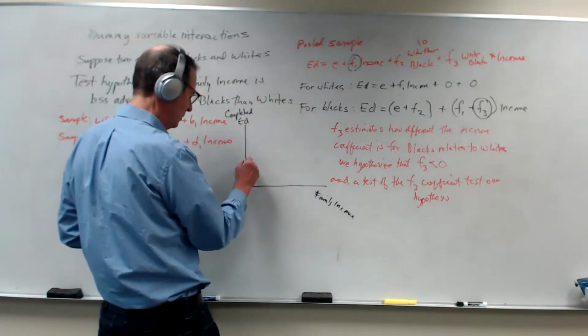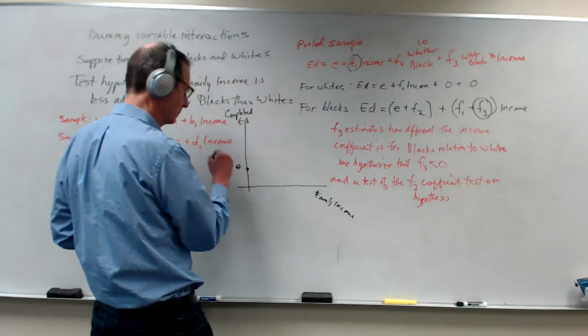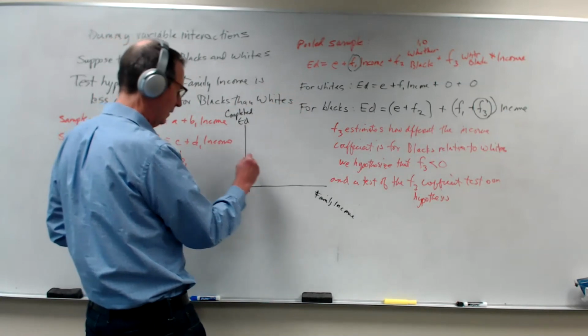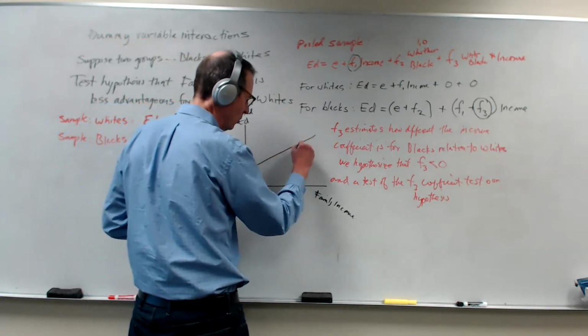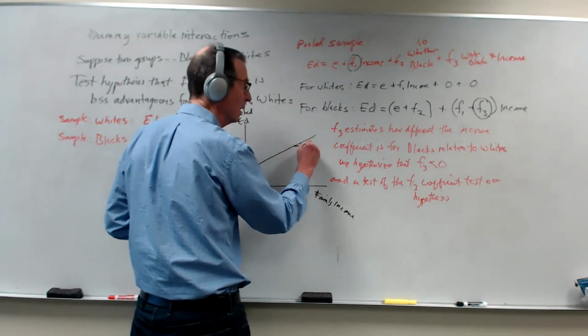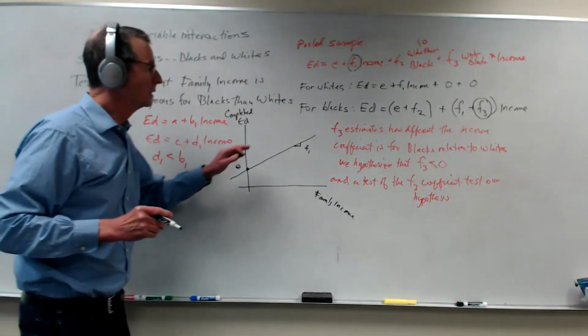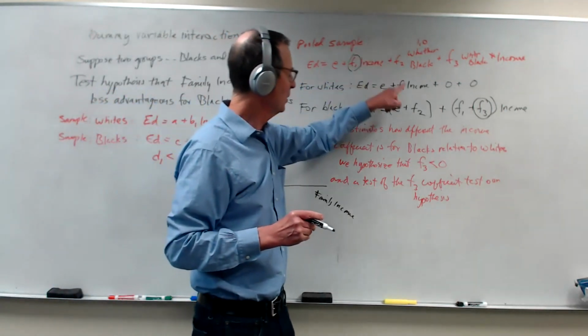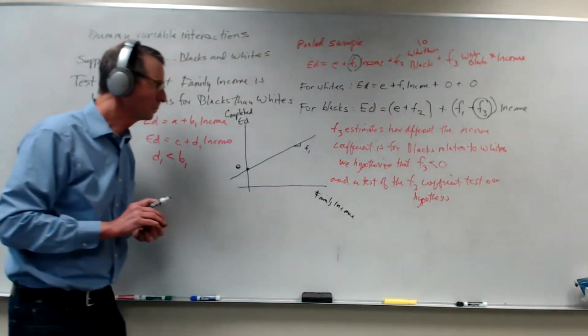The white equation is going to have some intercept E, and then a slope of F1. We said in this pooled equation, F1 is the coefficient for whites.